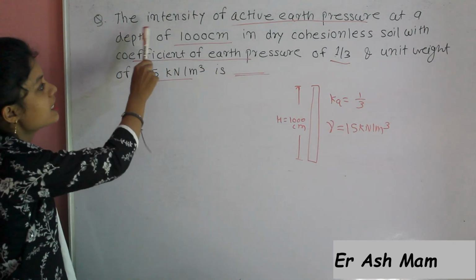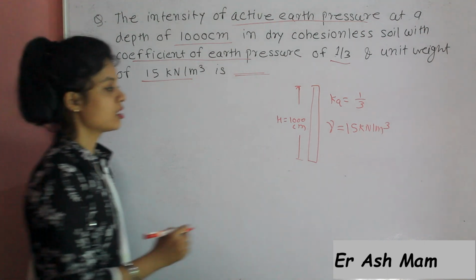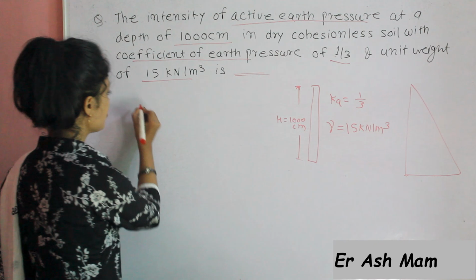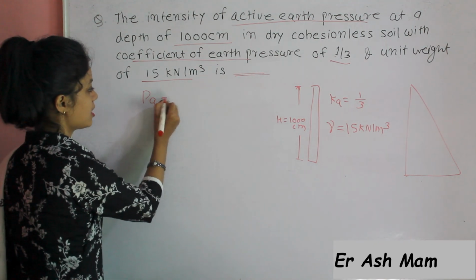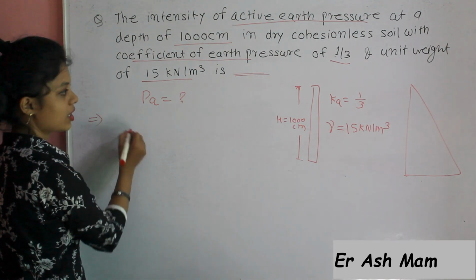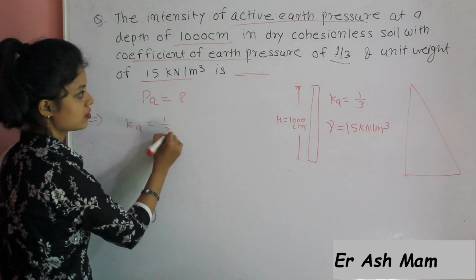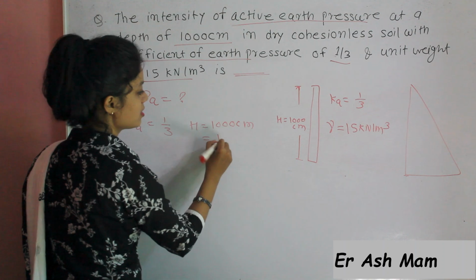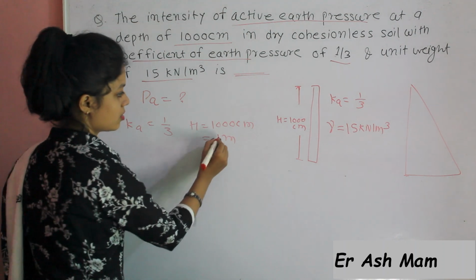We have to find the intensity of active earth pressure, that is Pa. Ka is 1/3, h equal to 1000 cm, it means 10 meters.